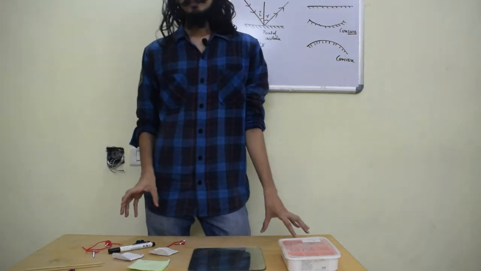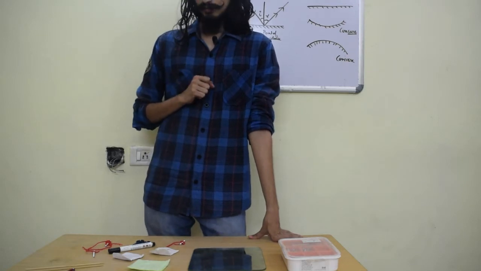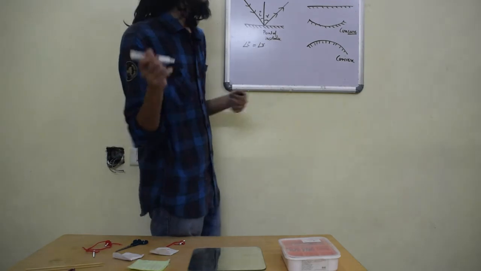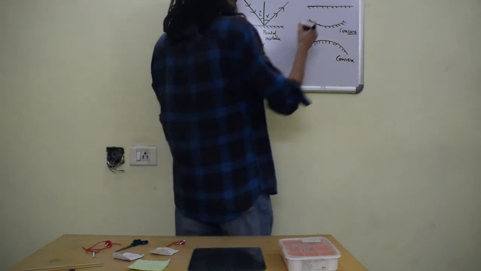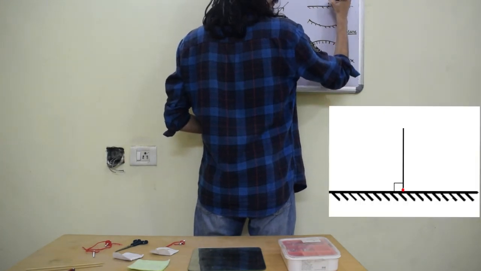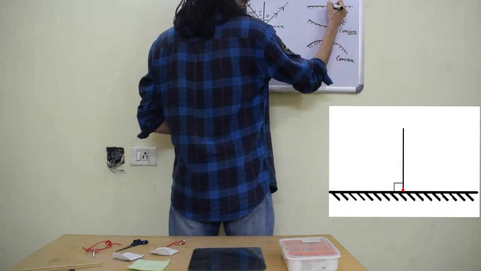Now we're going to apply the law of reflection to these mirrors. However, it is a little bit different. Here is why. If I look at a plane mirror like this, we know that the normal is necessary to understand the law of reflection. If I draw a normal at this point, I will draw it like this, at 90 degrees to the mirror.